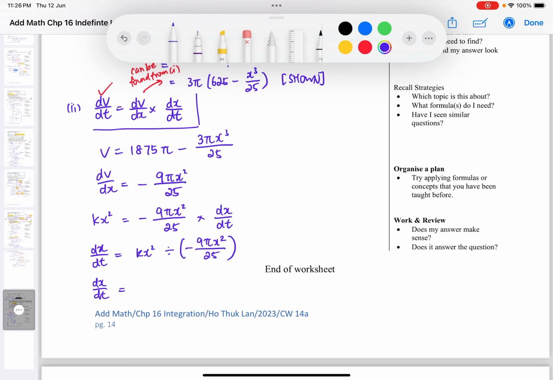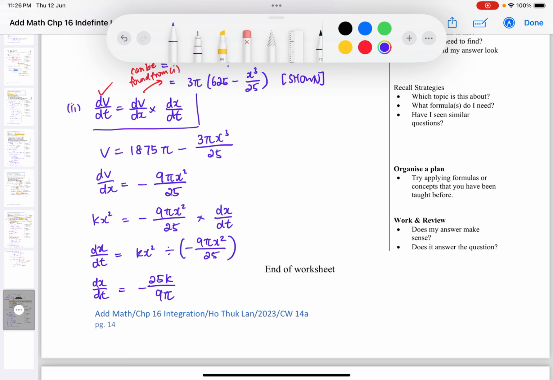So I'm left with 25k pi over 9 negative. Oh, sorry. The pi should be at the bottom. Yeah, because we divide the 9 pi over. So over 9 pi, even better.